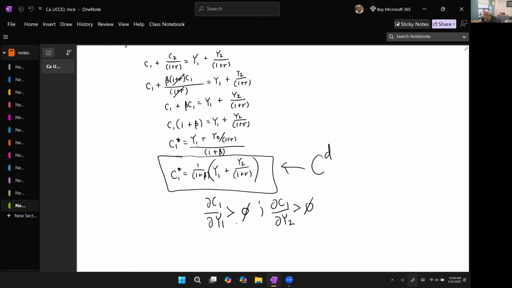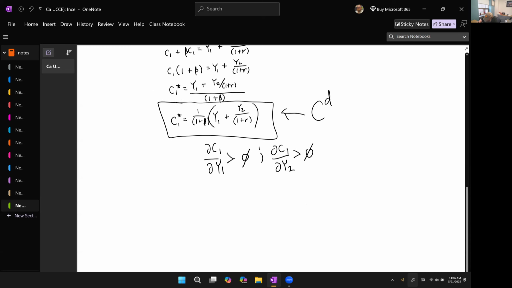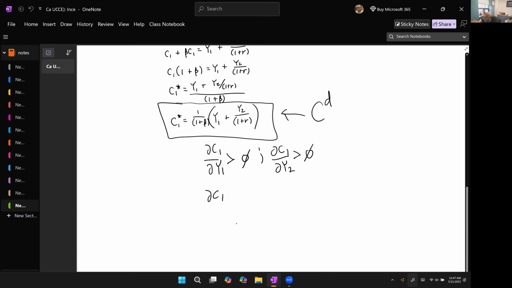And then lastly, let's think about the derivative of C1 with respect to Y1, and let's actually do the math, right? So if we take the partial derivative of my demand function with respect to Y1, what I get is 1 over 1 plus beta.